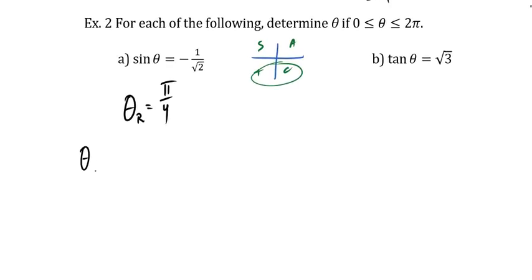So theta in quadrant 3 is pi plus pi by 4, and theta in quadrant 4 is 2 pi minus pi by 4.